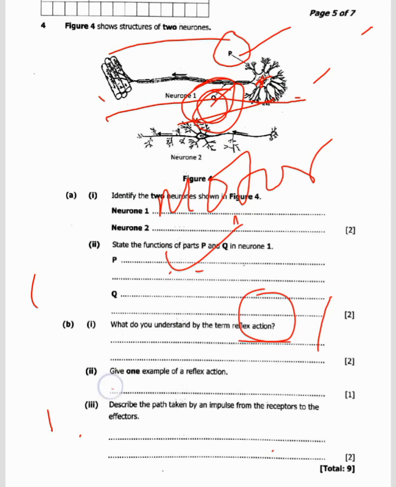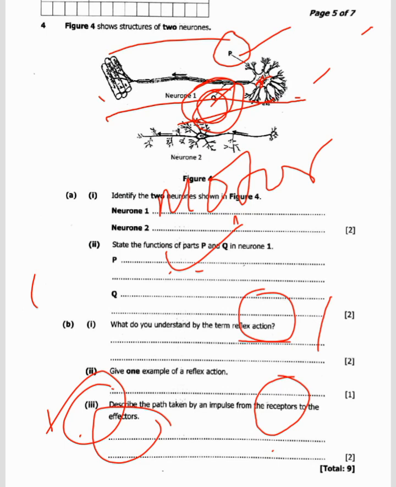Let's come to this one. We're saying describe the path taken by an impulse from receptors to effectors. Remember, I said the sensory neuron is attached to the receptors while the motor neuron is attached to the effectors. So impulses are transported from the receptors to the sensory neuron.